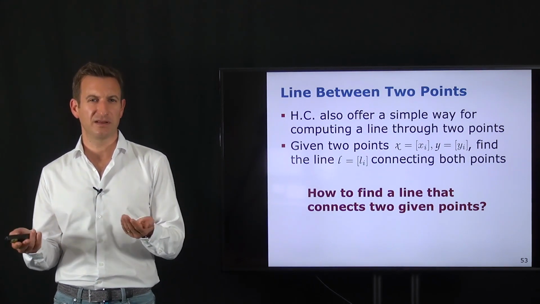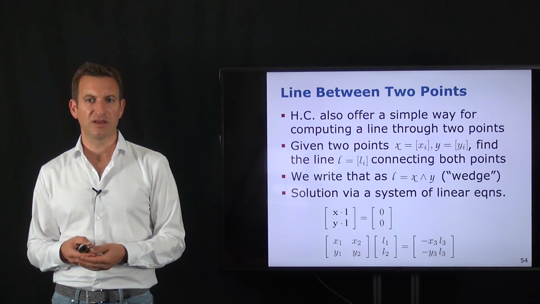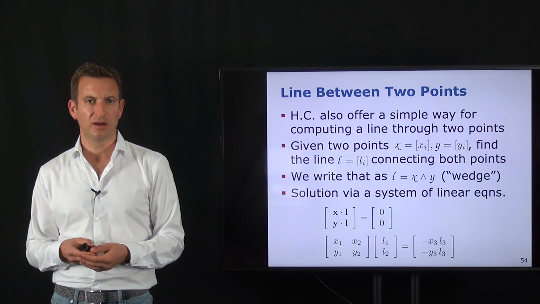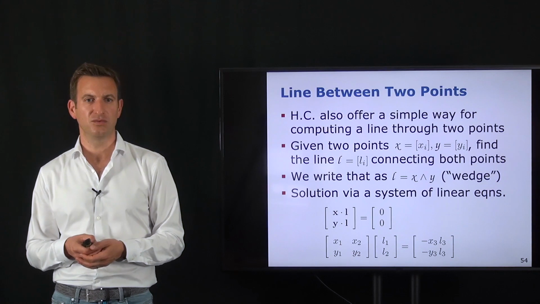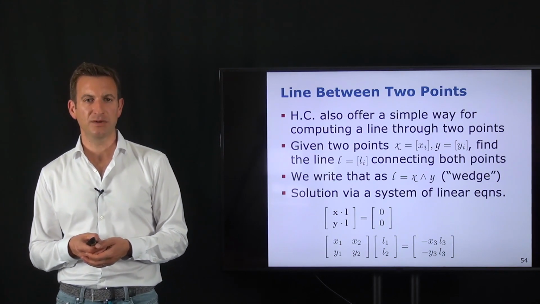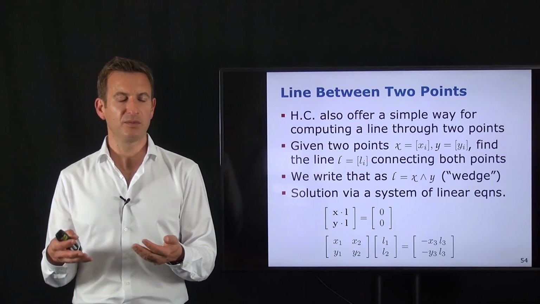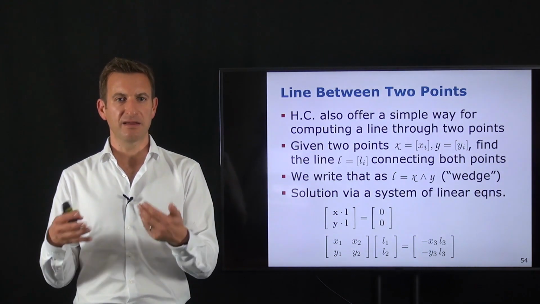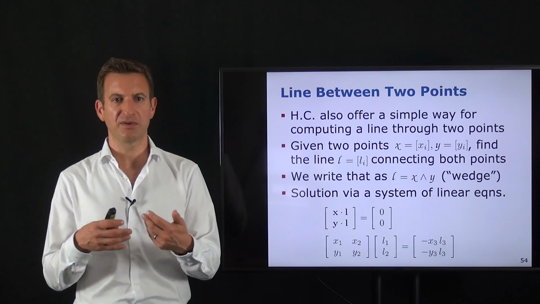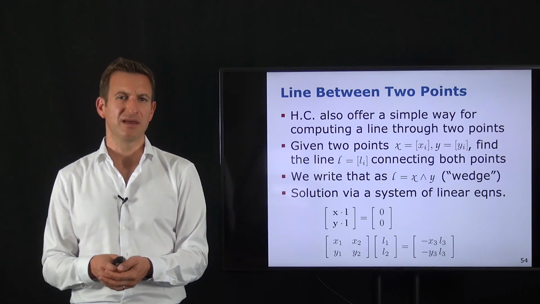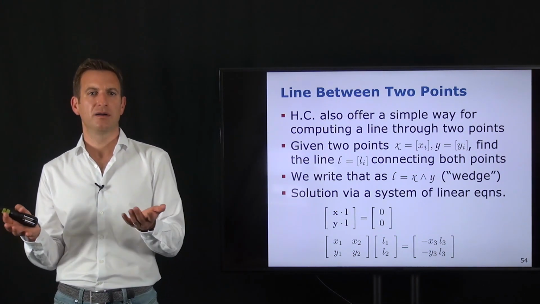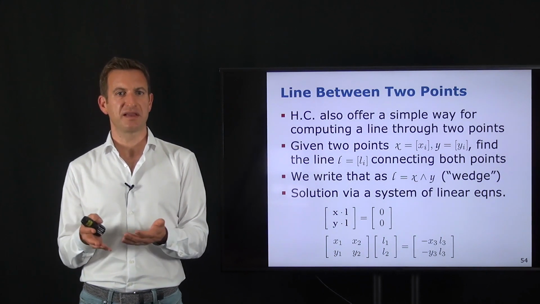Basically it turns into a system which is more or less the same as what we had before when we computed the intersection of 2 lines, except that now we obtain the line given 2 points, and before we obtained the point given 2 lines. But in the end, both are 3-dimensional vectors, nothing else than that.